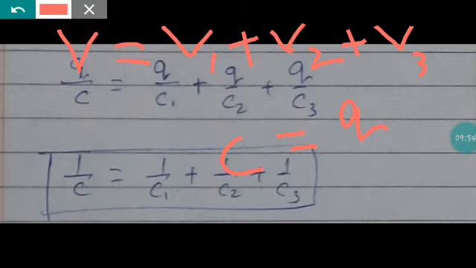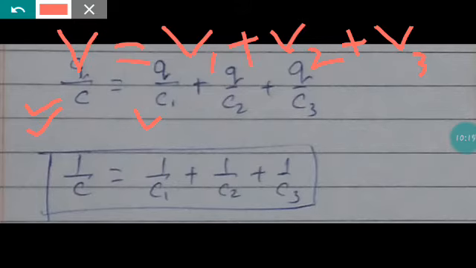So V is equal to Q by C, and we have written here V1 is equal to Q upon C1. We have taken capital Q on the diagram, but we have written small q here, so don't be confused by that.